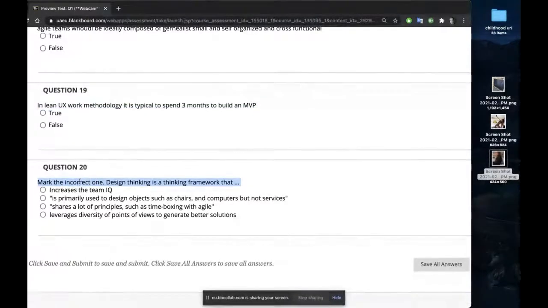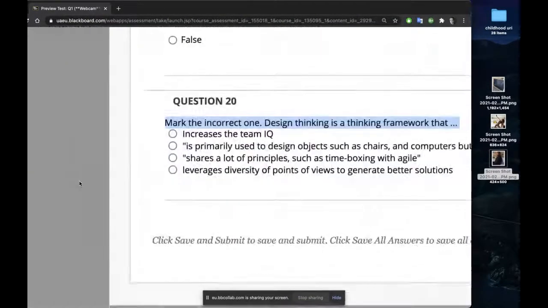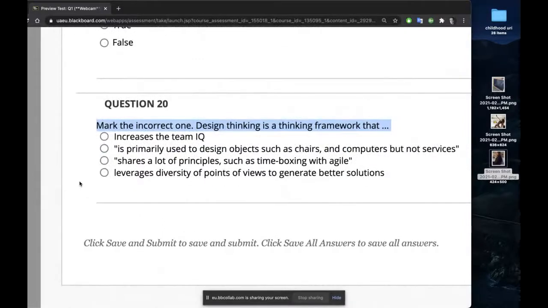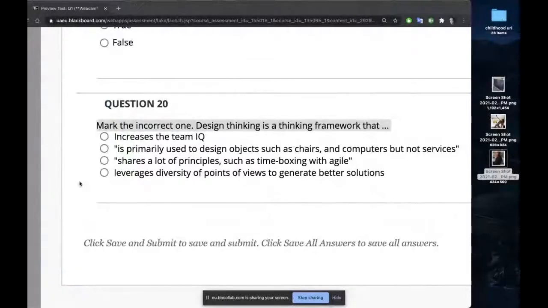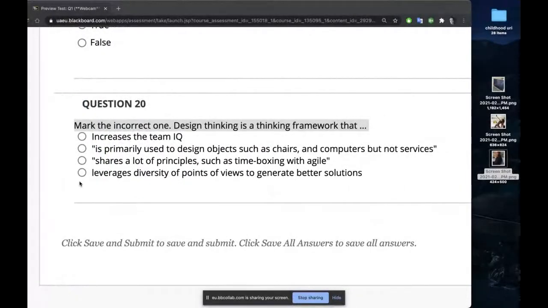Mark the incorrect question: 1, 2, 3, or false. What do you think? Correct.